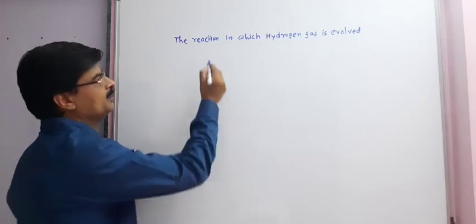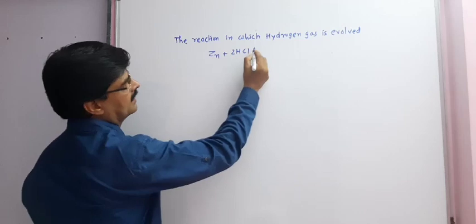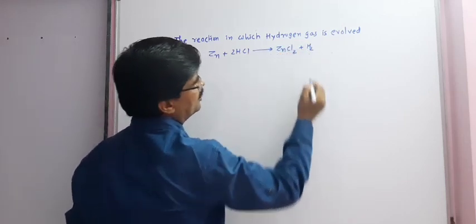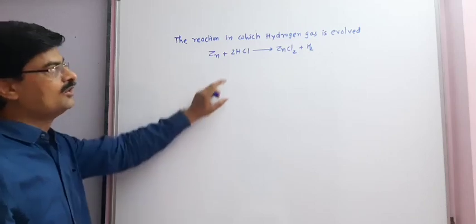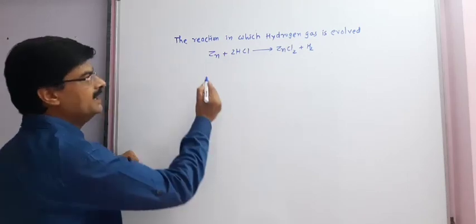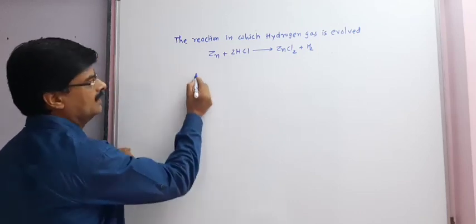Let us take an example: Zn plus 2HCl will give ZnCl2 plus hydrogen gas evolved. So whenever in the reaction hydrogen gas is evolved, we can find out the equivalent weight by using this simple formula.